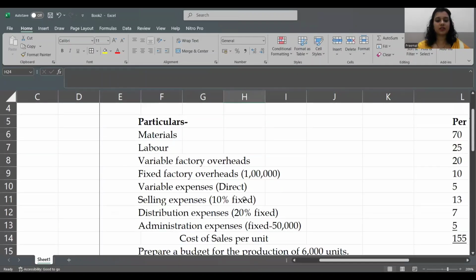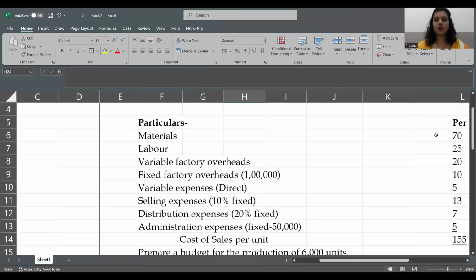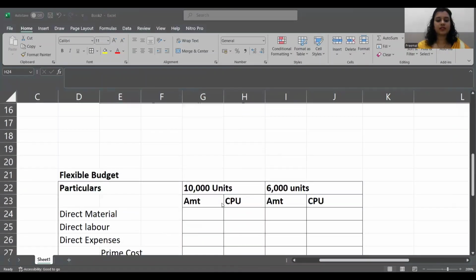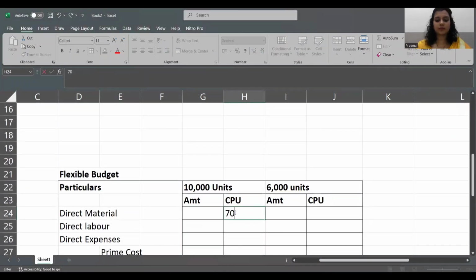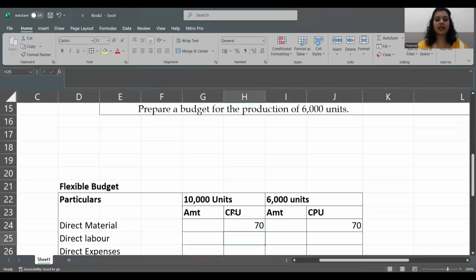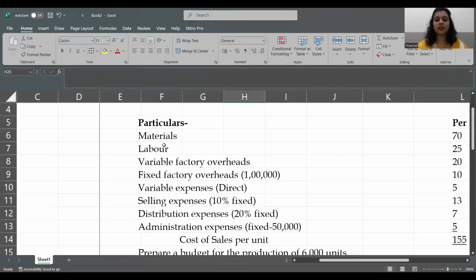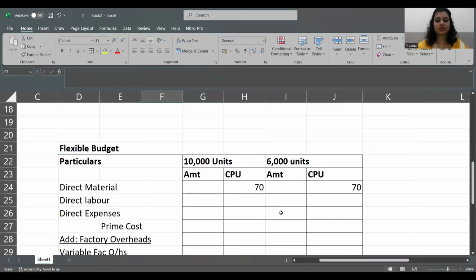So starting with direct material, cost per unit is 70. So 70 will be mentioned for both the columns. Likewise, direct labor, the cost per unit is 25. I will mention 25 for both columns.